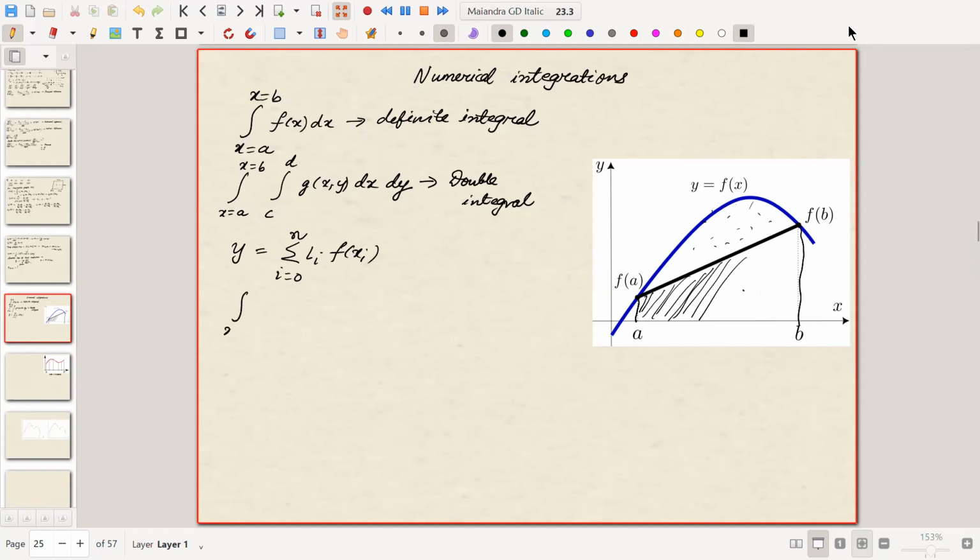So say x0 to x1, maybe a to b, I am writing the integral of f(x) dx can be written as, any ideas?